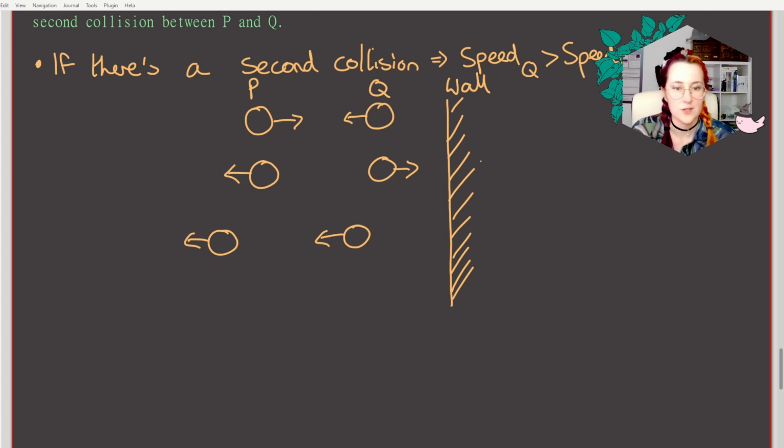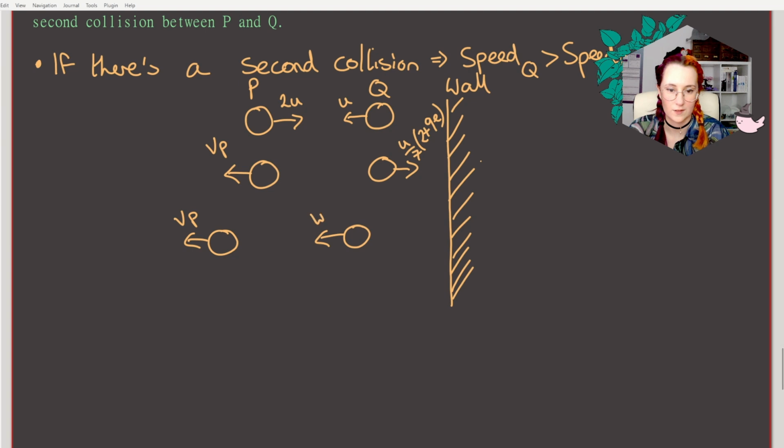Okay, so we know that this was 2u and this was u, and we know that this was u over 7, 2 plus 9e. We called this VP, and then this will also be VP. And then we need this value, I'll call it WQ, to be faster than VP.